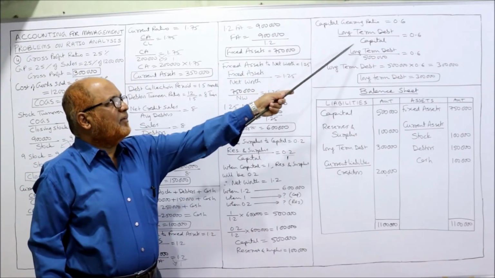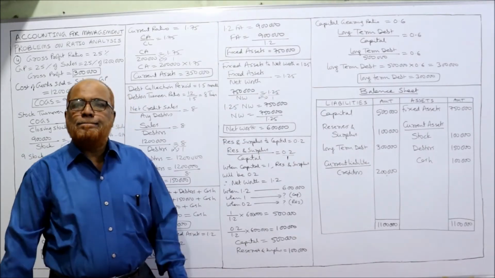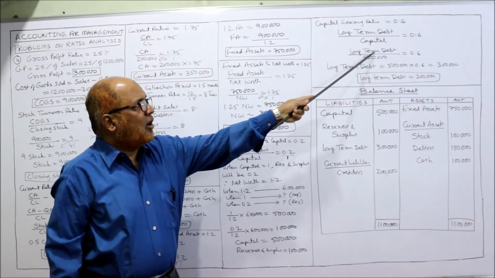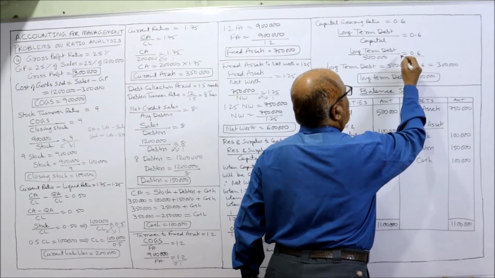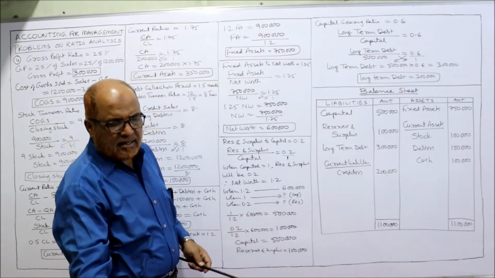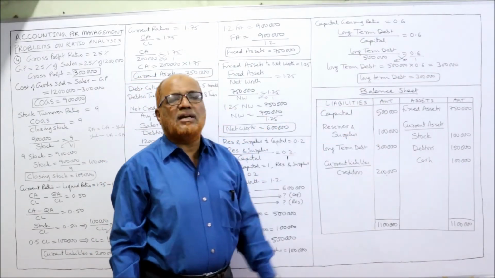Now long-term debt we don't have, but capital we have already calculated as 5 lakh. So in place of capital I am writing 5 lakh. Now cross multiply: long-term debt divided by 1 is equal to 5 lakh into 0.6. So 5 lakh into 0.6 is 3 lakh.